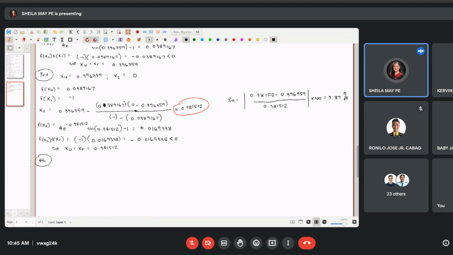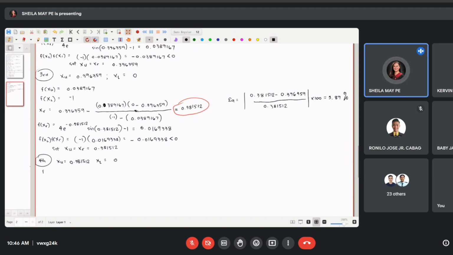So for the fourth one, we have x sub u as 0.381512, x sub L still at 0. So we have function of our x sub u, 0.0169338. Function of our x sub L, that's -1. Okay.